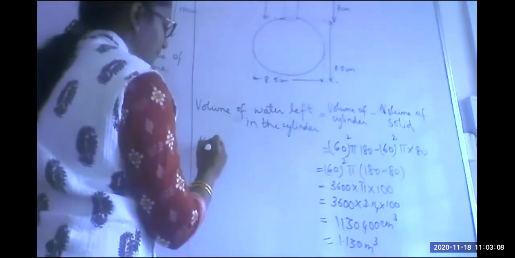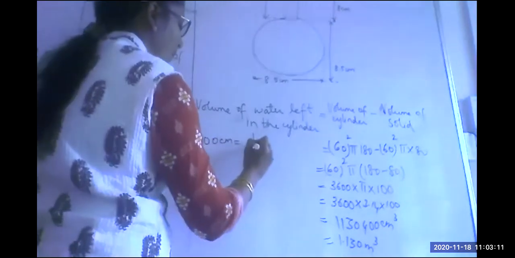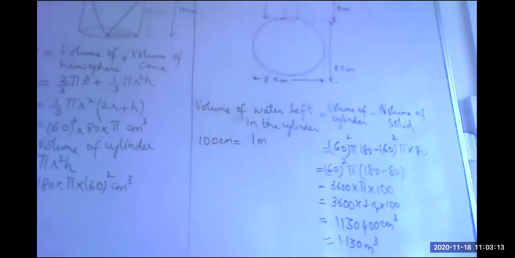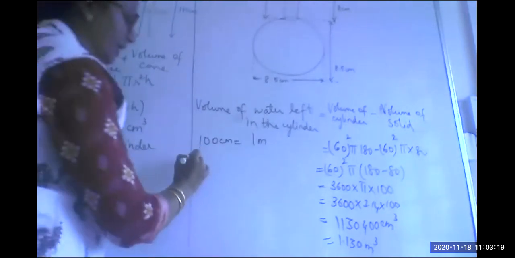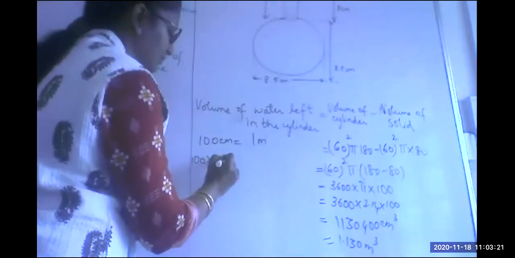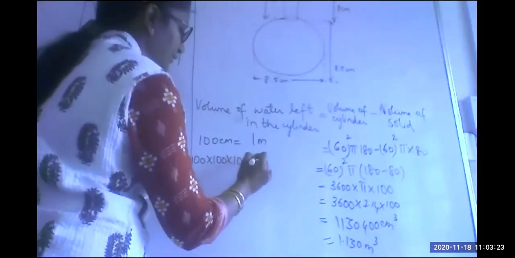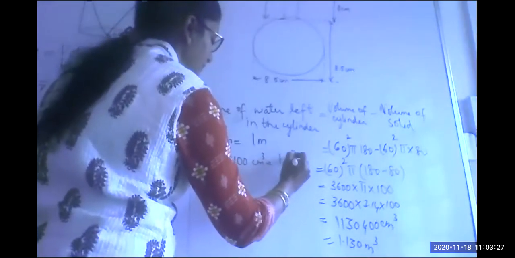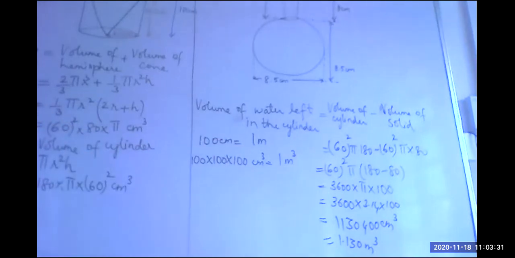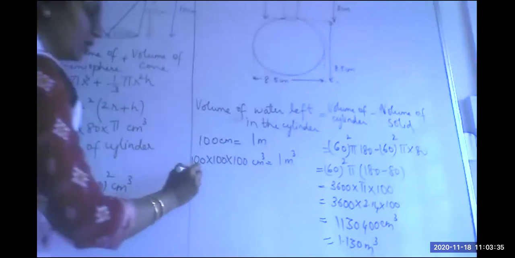You have 100 centimeters making 1 meter, correct? 100 centimeters together make 1 meter, right or wrong? Yes, ma'am. Centimeter into centimeter into centimeter will become centimeter cube, which will become 1 meter cube. So 1 followed by how many zeros? 6 zeros. So how many centimeter cubes make 1 meter cube?